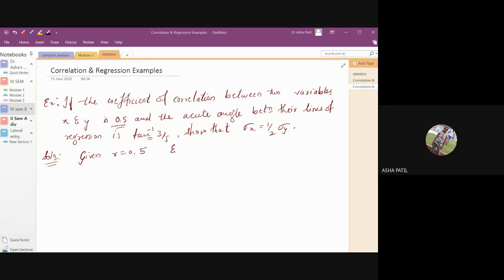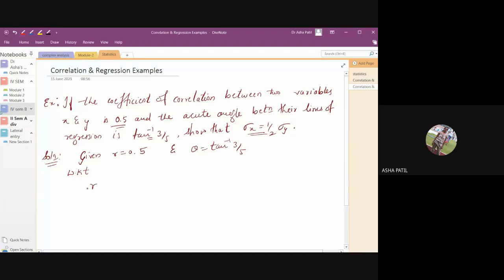So let me write there, theta equal to tan inverse 3/5. Now with this data, you have to show that sigma x is equal to 1/2 sigma y. The other day we derived that relation; you have to remember it.